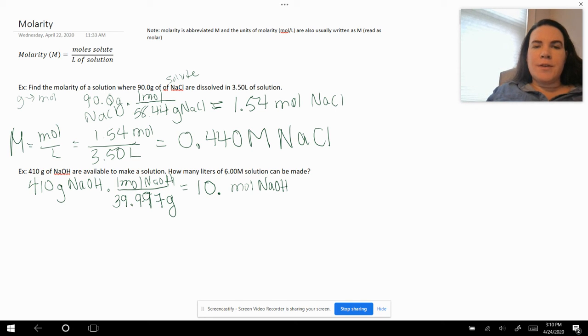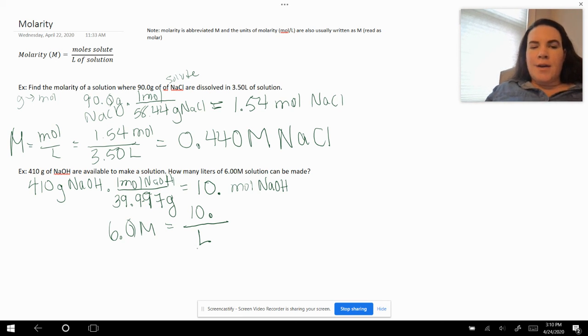This one, we know the molarity, the 6 molar. So we're going to plug in the numbers we know. So that's going to be 6.0 molar equals 10 divided by, let's do L for liters. So we're solving for volume, we're solving for liters.